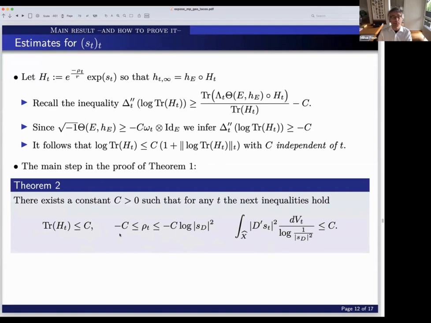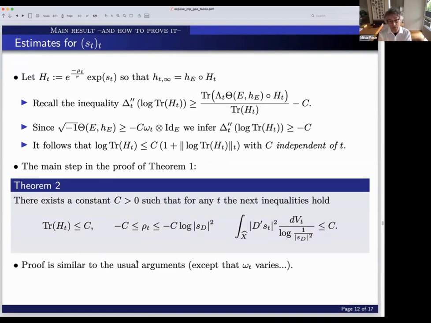Okay, so now all that I feel obliged to say, given that I'm sure you followed Richard's lecture, and you know how such a thing is proved, you argue by contradiction, and so the proof is similar to the usual arguments, but one has to be careful with the fact that the metric omega t varies. Okay.